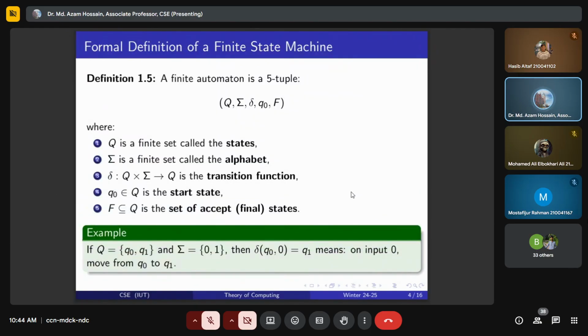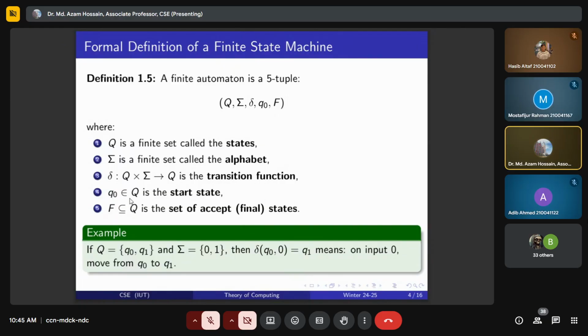So the formal definition we already discussed in the last class. We have these 5 tuples, where Q is the finite set called the states. Sigma is the finite set called the alphabet, and delta is the transition function: we are in some state, we read some input from the alphabet, and we move to a state. That is called the transition function.